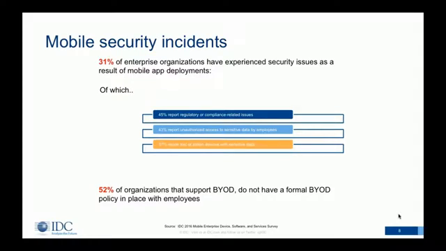After that, two of the bigger challenges are unauthorized access to sensitive data, and also lost or stolen data. So two of the three biggest challenges that enterprises are facing, unauthorized access and stolen data, really sync up with the goal of the malware creators, which is to steal data from devices.